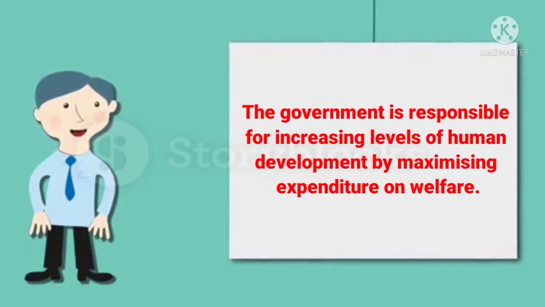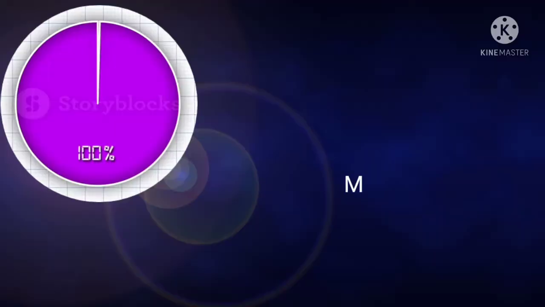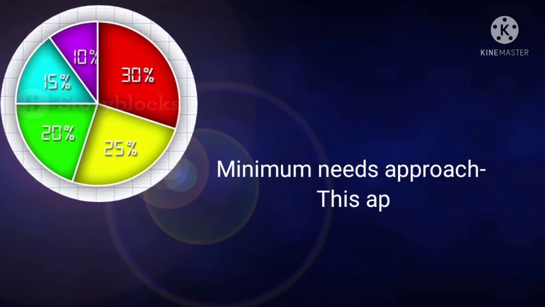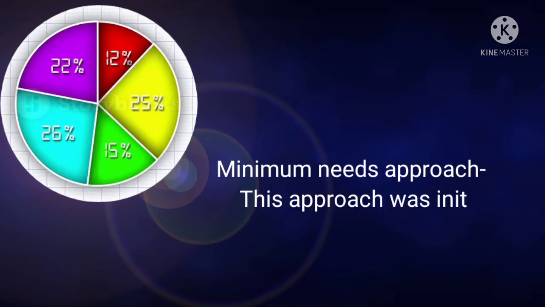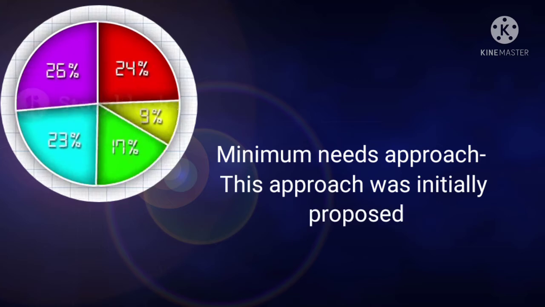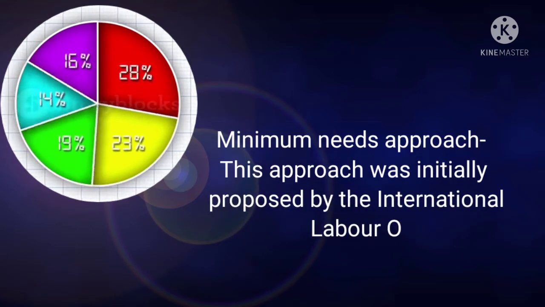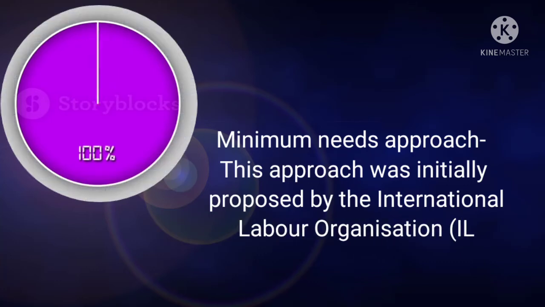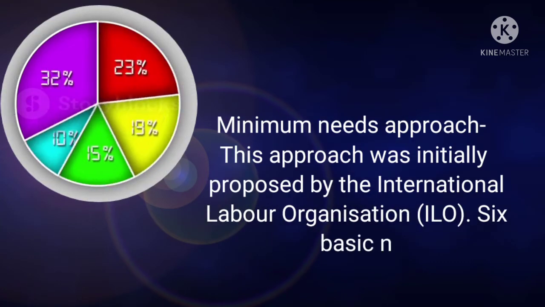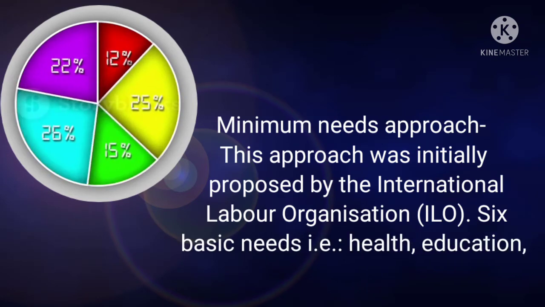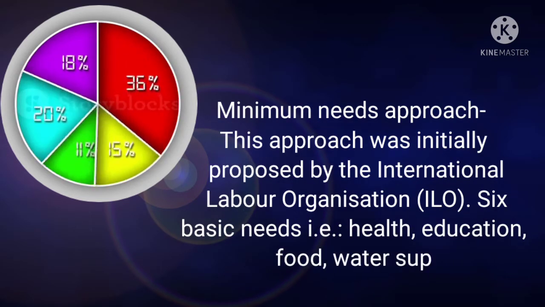The next approach is the basic needs approach. This approach was initially proposed by the International Labour Organization, or ILO. It covers the basic needs of human beings, where health, food, shelter, sanitation, education, water supply and housing facility are the most important basic needs of any human being.